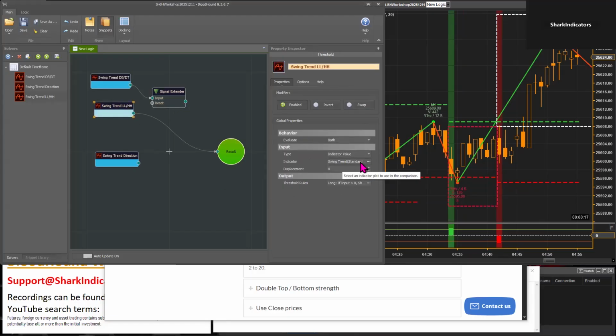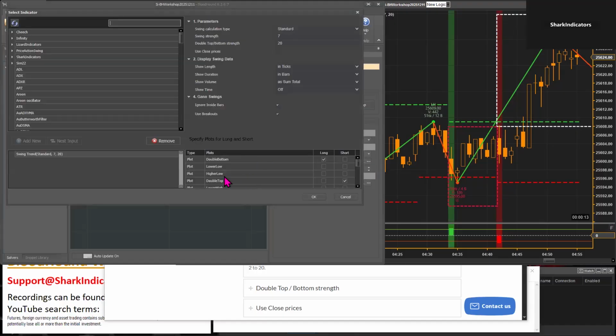But first, let's go into the indicator and change our plot here. It doesn't really matter if, for the lower low, I use a long or a short.